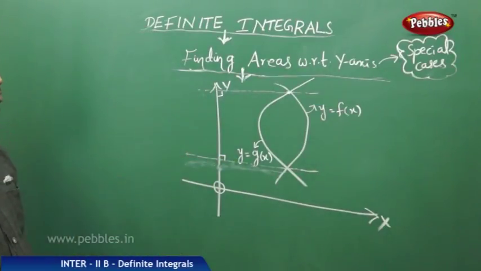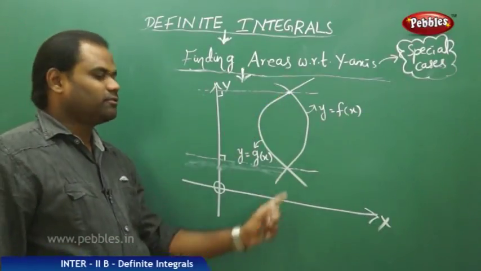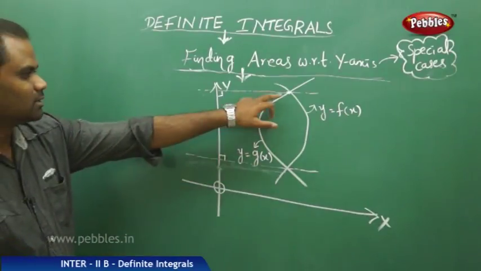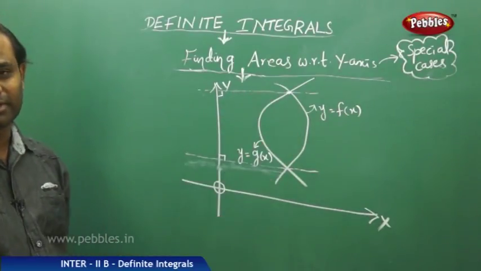So as I see these two curves, we find the points of intersection, but we don't have the limits. Therefore, the limits are nothing but the y coordinates of the points of intersection.